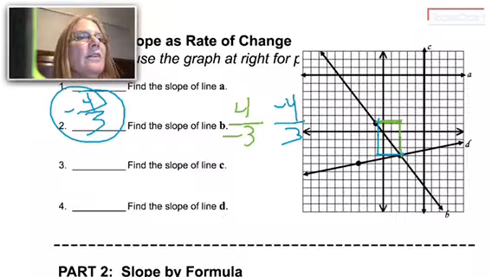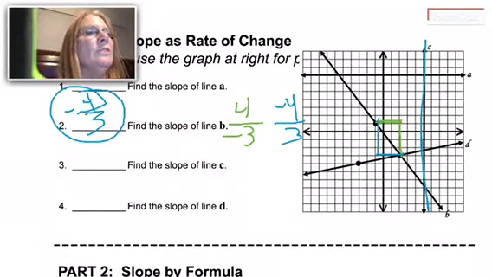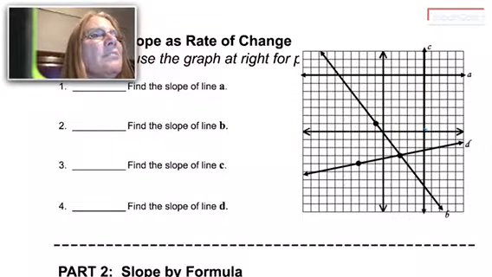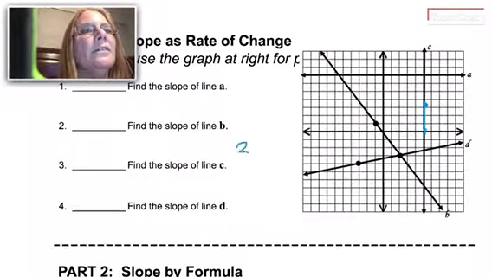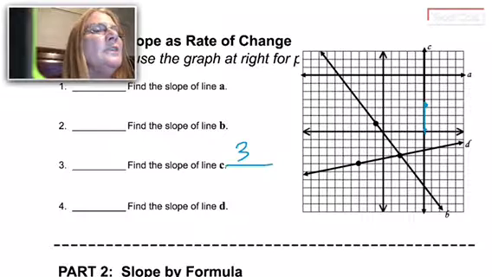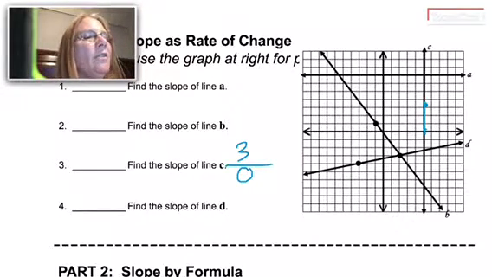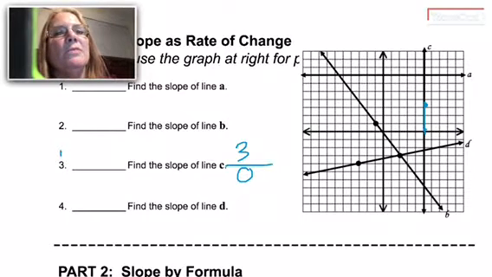The next line we have is line C. Line C is this line right here. It is a vertical line. Again, if you're going to pick 2 points, I could pick this point here and this point here, and I go up 3, but to the right or left, I don't move. So that is 3 over 0. Hopefully you remember that division by 0 is always undefined.